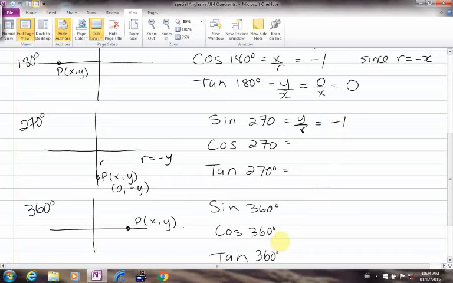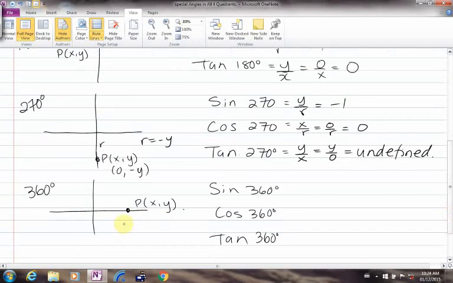Making sense? Okay? Because x is 0, then the cosine is 0 divided by r, which is 0. The tangent is y over x, and since x, again, is 0, and we're dividing by 0, the tangent is undefined. Okay, just like it was when we were on the positive y-axis.